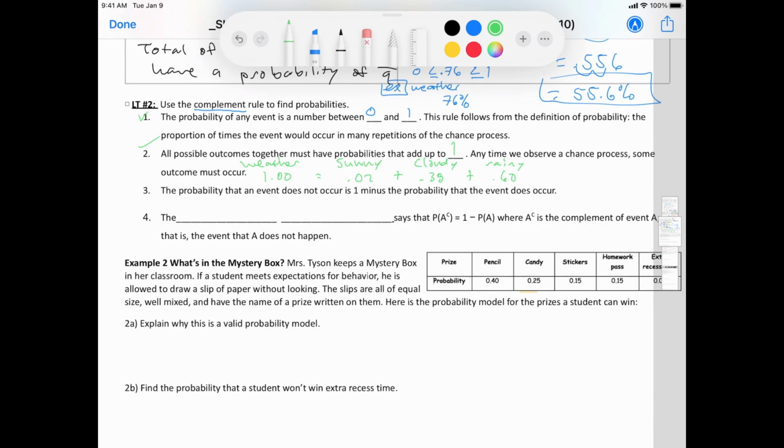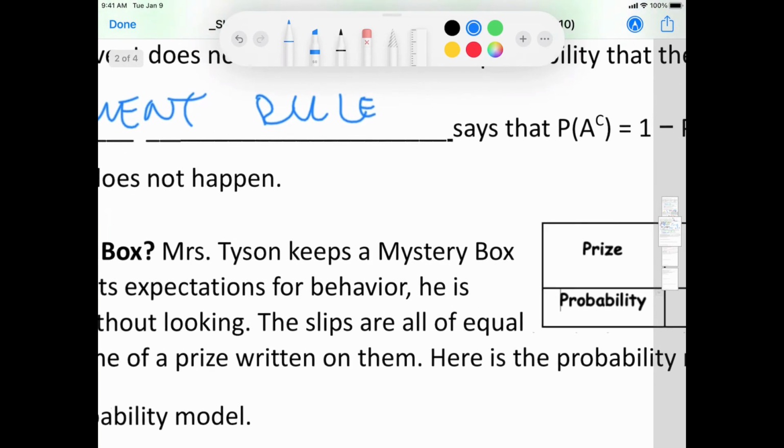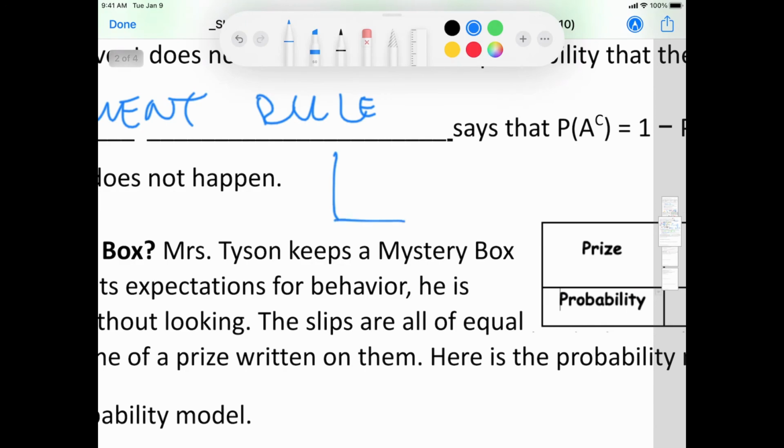Number 3, the probability that an event does not occur is 1 minus the probability of that event. Okay? And number 4, they call this the complement rule. Okay, where does the word complement come from? Quick geometry lesson. If I drew these two rays here and I put out this angle, that angle is 90 degrees.